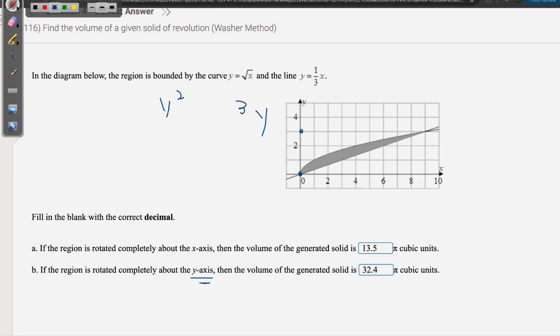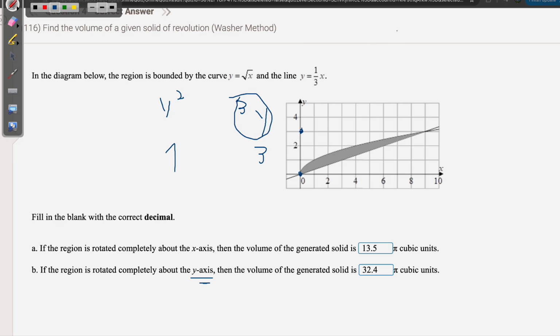Since we're using it in terms of x, we're going to interchange, so we're going to use y as the limits. So the limits are between 0 and 3. Just take a number in between and substitute. So let's take 1. So 1 here and 3 here, which means 3y is larger.